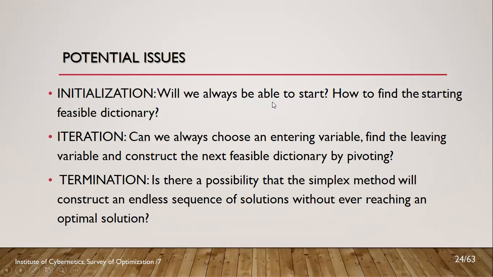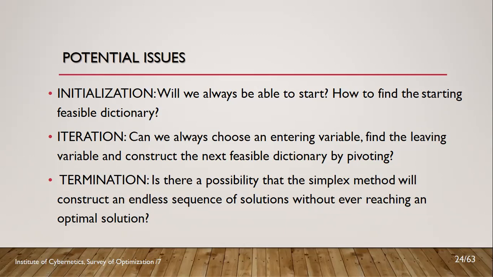Will we always be able to start, and how to find the starting feasible dictionary? With iteration, can we always choose an entering variable, find the leaving variable, and construct the next feasible dictionary by pivoting? And for termination, remember that termination mostly deals with cycling.